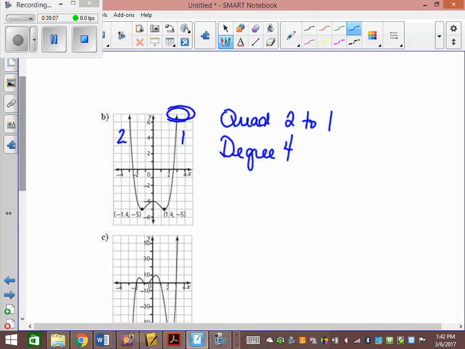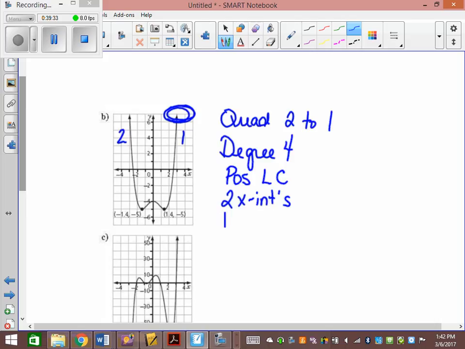We look at our right-hand end. And because it's up on the right, it's a positive leading coefficient. How many x-intercepts? 2 x-intercepts. And if we listed those x-intercepts, they would both have no multiplicities because they go straight through. Okay, you only get multiplicities when they're bouncing of some sort. There's a straight line through, it's not.